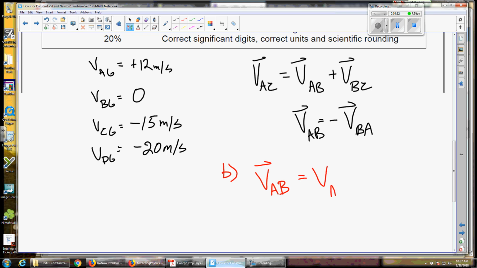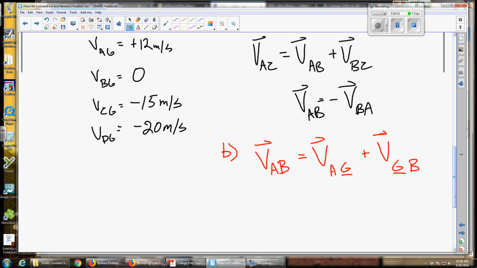And it would have A compared to something plus that same something compared to B. And the only thing I know A compared to is the ground right now. So I would do A to the ground plus the velocity of the ground to B.